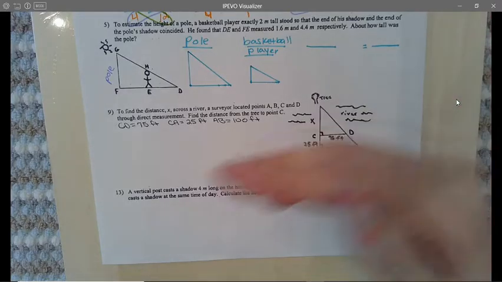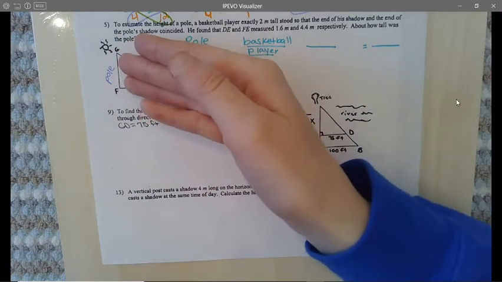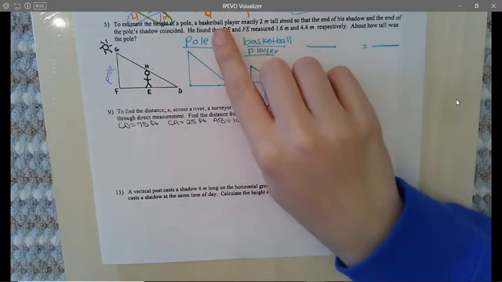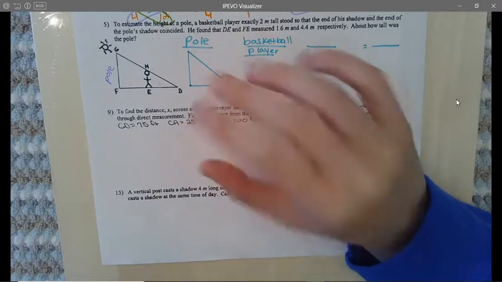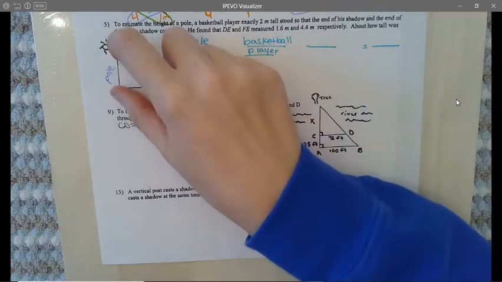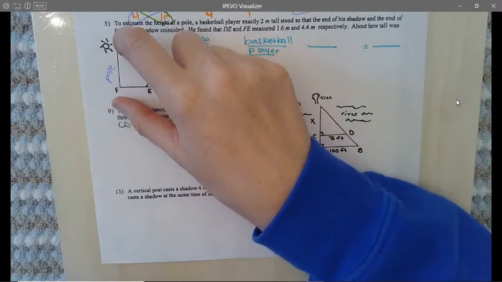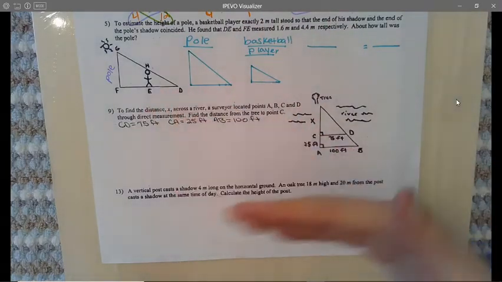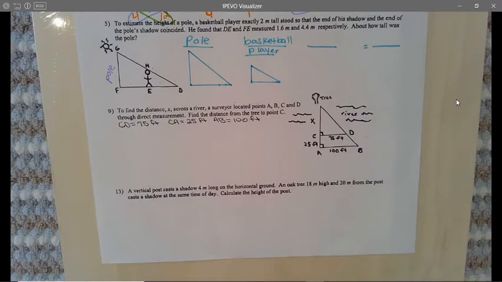We are going to be predicting the height of this pole using similar triangles, or using the height of this basketball player. Since we are not actually measuring the height of the pole, this is called indirect measurement. We're measuring the height of the pole in a different way other than literally measuring it. This is used a lot in the real world to find different distances that are hard to measure or different heights. So let's get going.